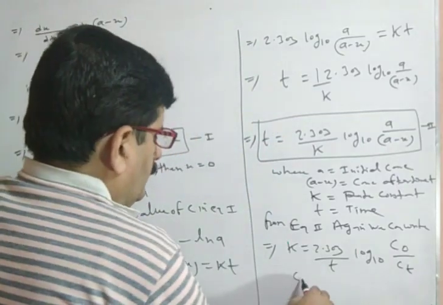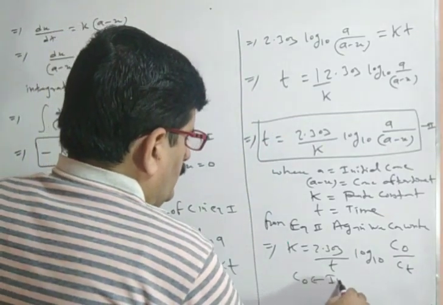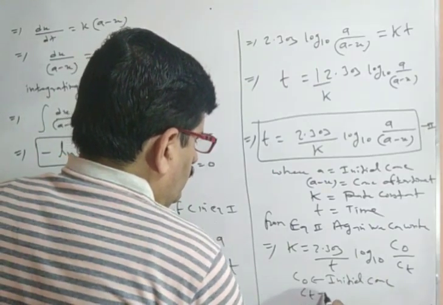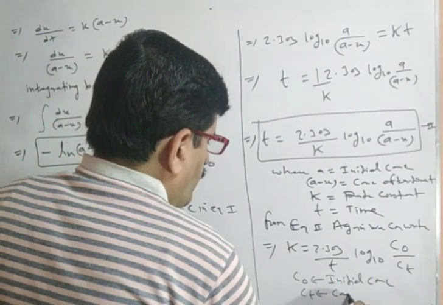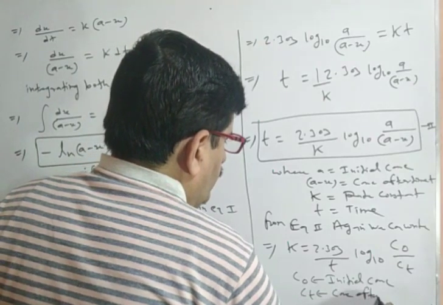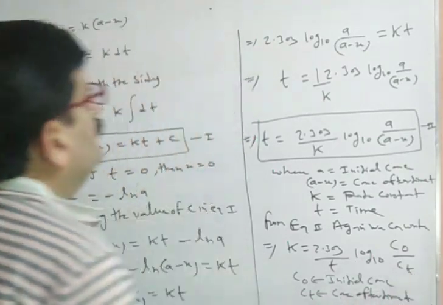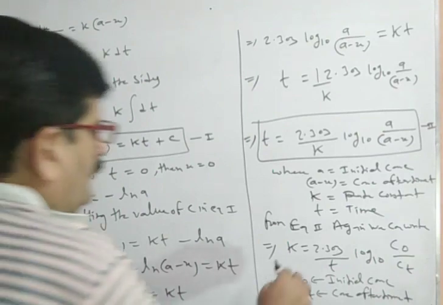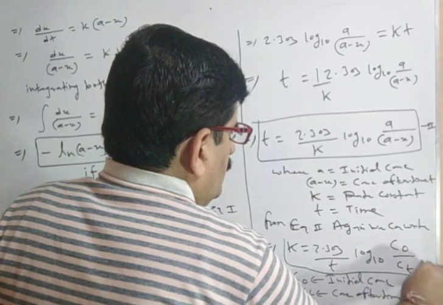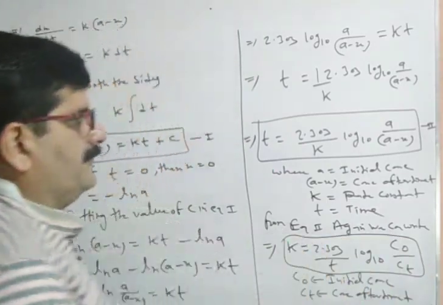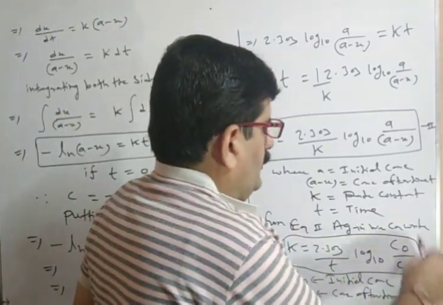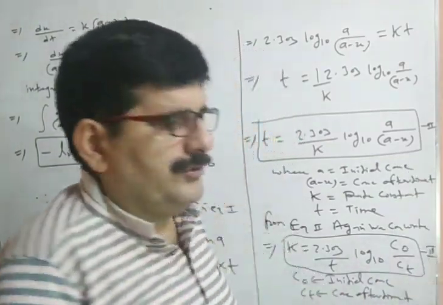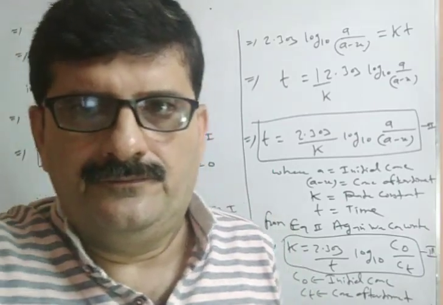C naught is equal to initial concentration. Ct is equal to concentration after time t. So this is another form of first order reaction. So equation second and equation third, both are similar equations.